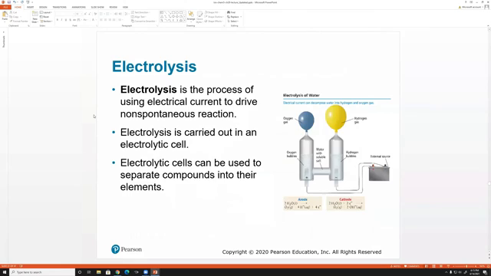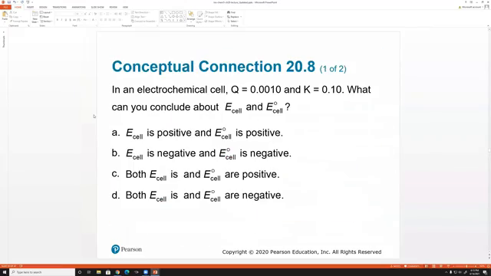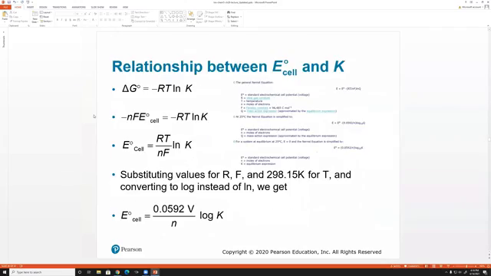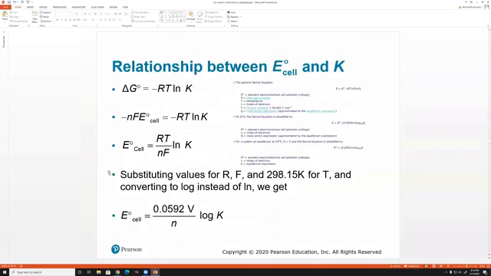So remember, if it's spontaneous, E cell is always greater than 0. It's positive. That means it's spontaneous, because when you subtract the reduction potentials, the highest minus the lower one, it's always going to be positive, and that means it's spontaneous.